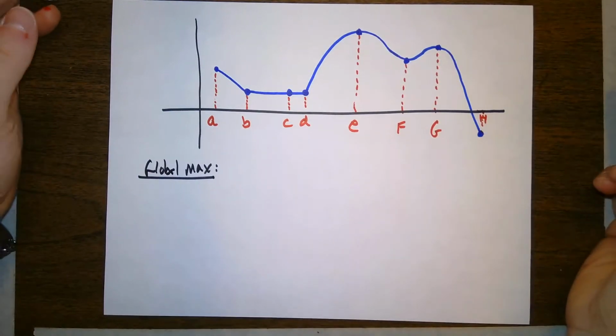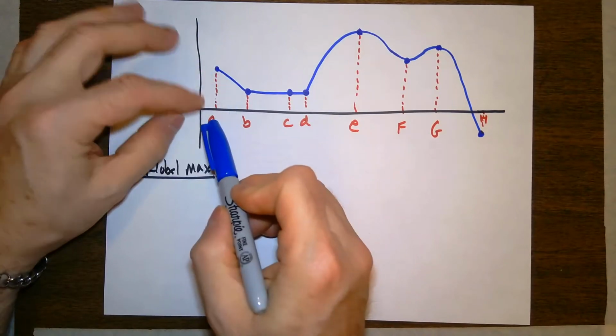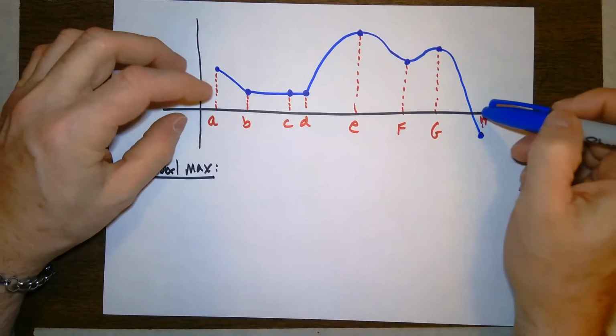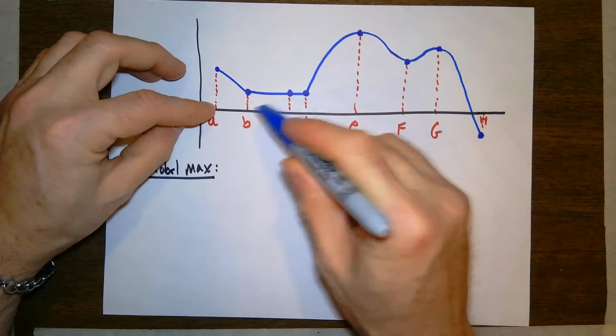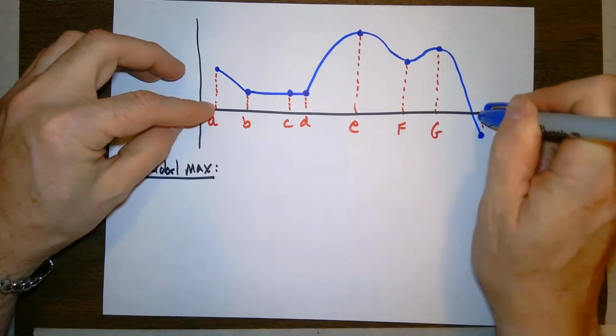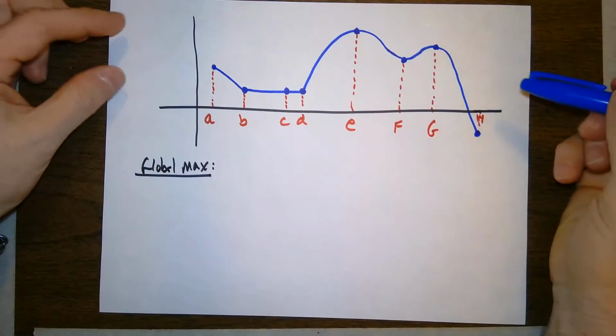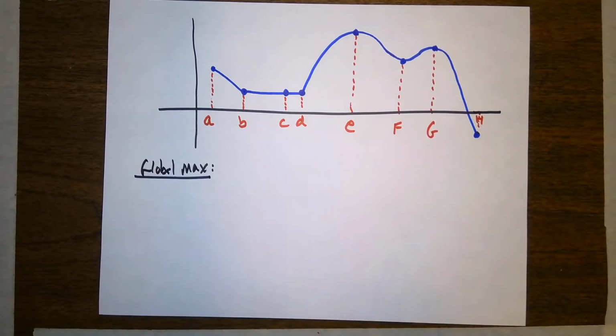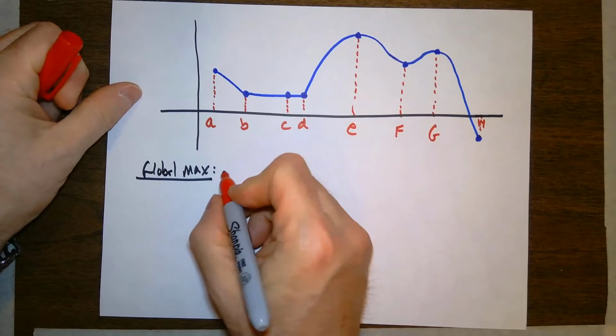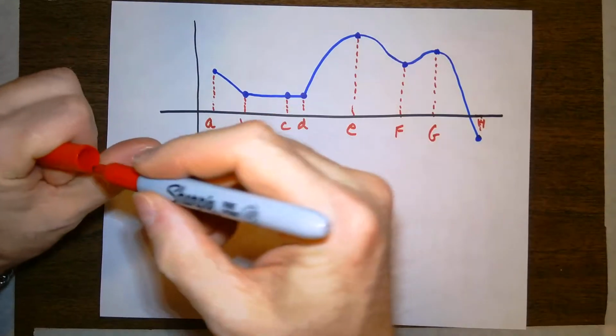Well, going from A to H is a closed interval and it is continuous, so the extreme value theorem says that yes, there will be a global max. And I think we can see that the global max is at point E.